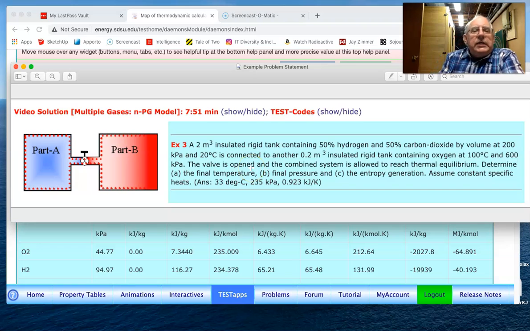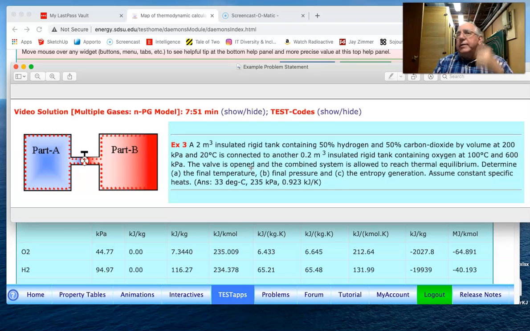So we see that this was a problem wherein we were able to bring two mixtures together and form a third mixture. We had to do a little bit of math or accounting to make sure that we put in the third mixture in the appropriate proportions. And then we were able to perform the process with the right amount of work and the right amount of heat transfer, and the software then solved the conservation of energy.